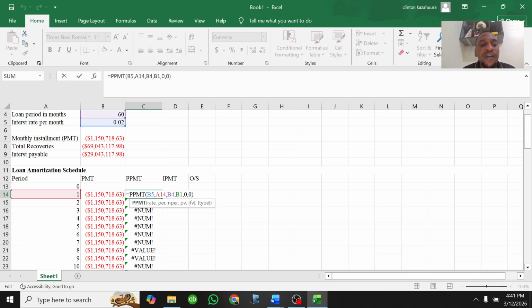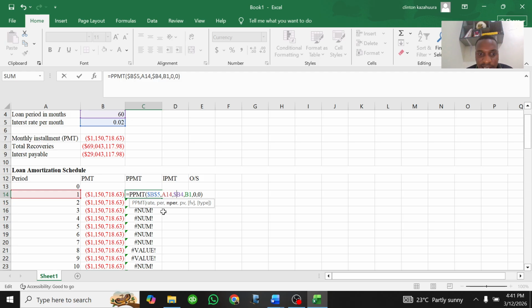I'm going to lock all the cells except the cell for period. The cell for period, you see, is F14. So I'm going to lock all these other cells, then I only leave the one for period. How we lock is, you come here, you put a dollar sign, then in between I put another dollar sign. I skip the one for period, I go to number of periods. I also lock it.